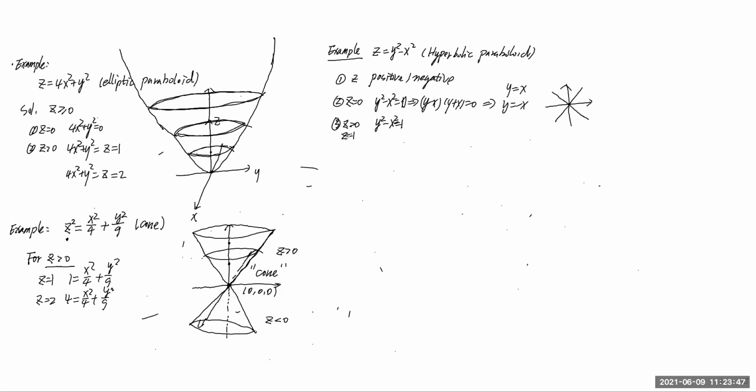So let's pretend we are doing this in the xy plane because when z equals 1, it's a plane. This plane is parallel to the xy plane, right? That's what we talked about before. We can draw the picture because y is greater than x. Because this is positive, this is negative. The picture should be like this, right?